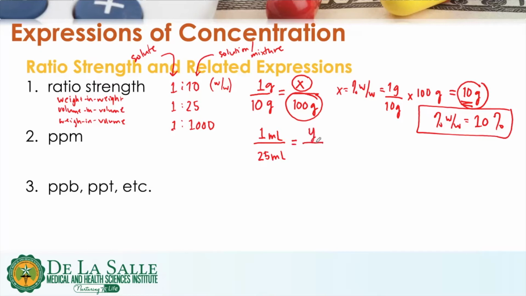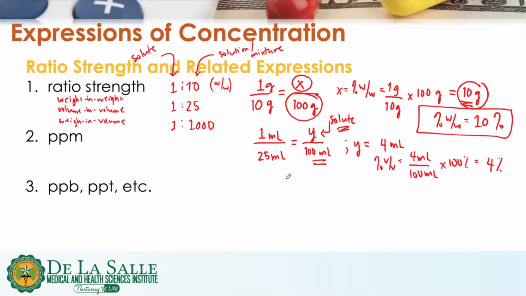We simply need to know the amount of the solute, also in milliliters, that will be contained in 100 milliliters of the solution. So y is equal to 100 divided by 25, and that is equal to 4. So we have 4 milliliters of the solute present in 100 milliliters of the solution. So the percent volume in volume is equal to 4 ml per 100 ml times 100%, which is equal to 4%.